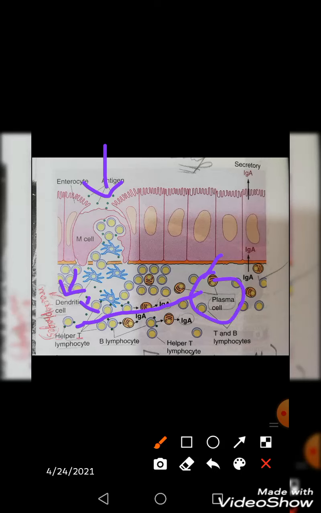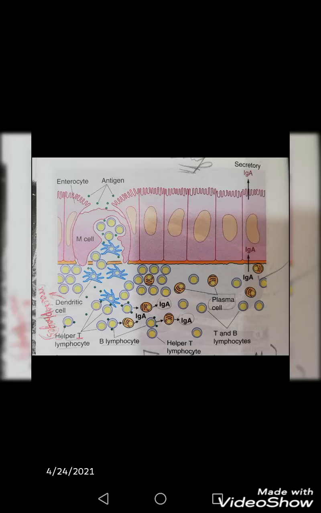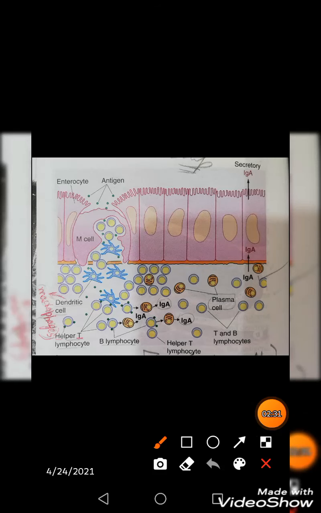These plasma cells secrete IgA, which reaches the lumen of the gut, and in this way the M cells play an important role in the immunological surveillance of intestinal luminal antigen. You can see the course again: the enterocytes are placed side by side, the microfold cell takes the antigen and endocytoses it, and it interacts with the dendritic or macrophage cells.